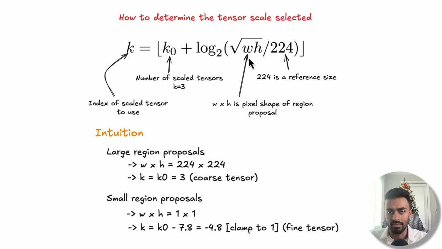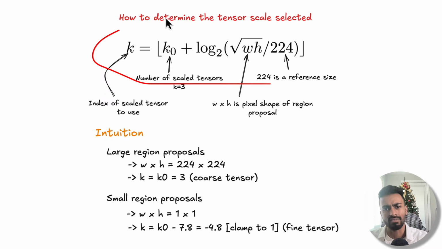Now, this log term, you have W cross H, which is the pixel shape of the region proposal, how wide and how tall that specific region proposal is in pixels. 224 is just a reference size, mostly because the pre-training, I think, for this case might have been for images of size 224 cross 224.